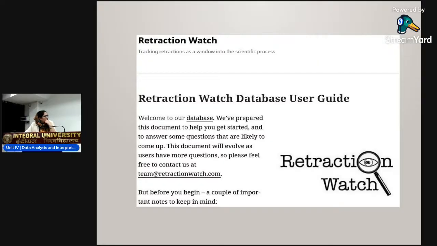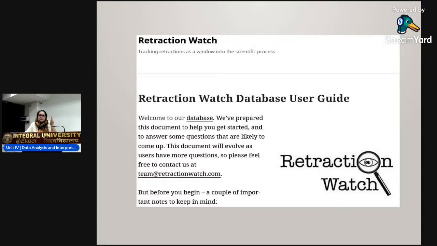So Retraction Watch is a database. What kind of database is it? It's a user guide to look for articles that have been retracted from the literature. Retracted means they don't have to be counted as useful research anymore. Do you understand retraction, what the word means? Removed from the public platform for researchers.